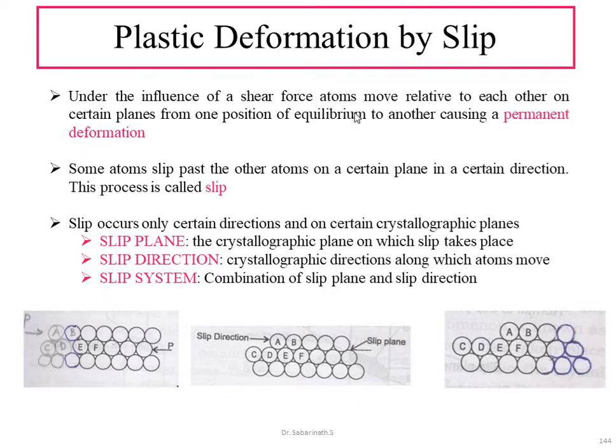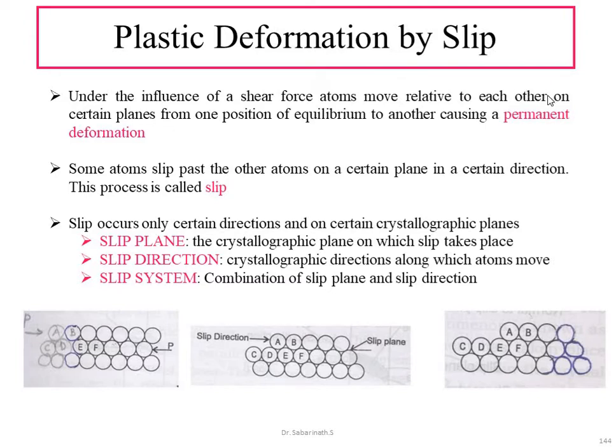Under the influence of a shear force, as shown in the figure, initially the atoms A, B are located in between CD and DE. Let's see this figure. Under the influence of a shear force, atoms move relative to each other on certain planes, not on all planes.